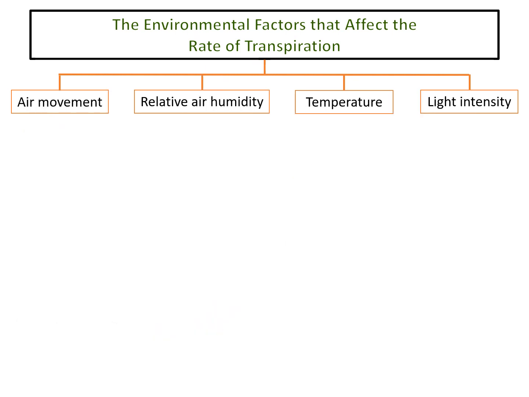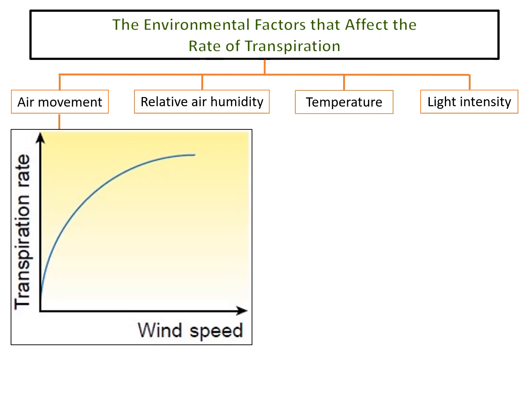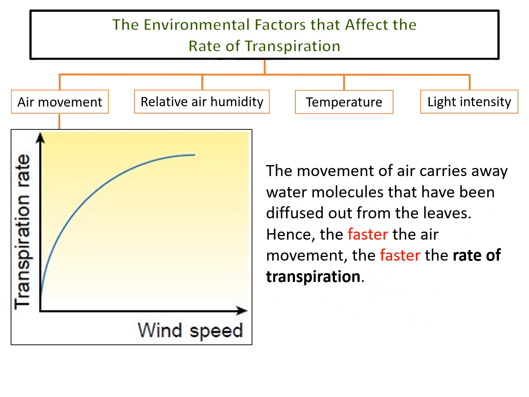Air movements. From the graph, we can see that when the wind speed increases, the rate of transpiration also increases because the movements of air carry away water molecules or water vapor that has diffused out from the leaf.